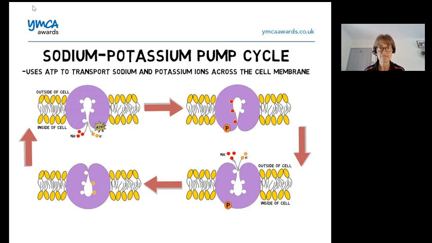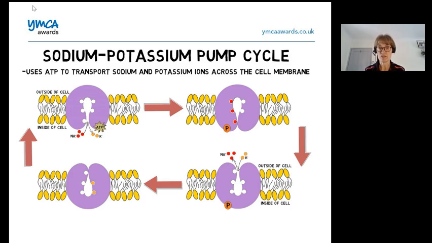Now this channel is very clever. The sodium will connect in, and then ATP allows for a change in the shape of the carrier protein. One phosphate group from the triphosphate attaches, changes the shape of the carrier protein, which then releases the sodium out into the outside of the cell.